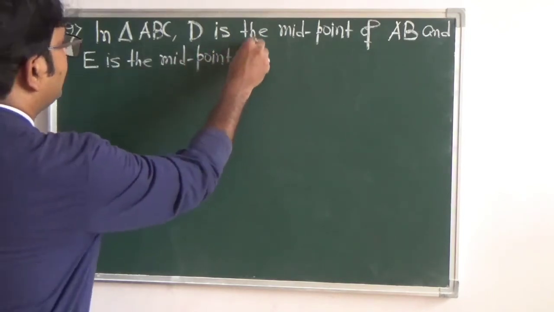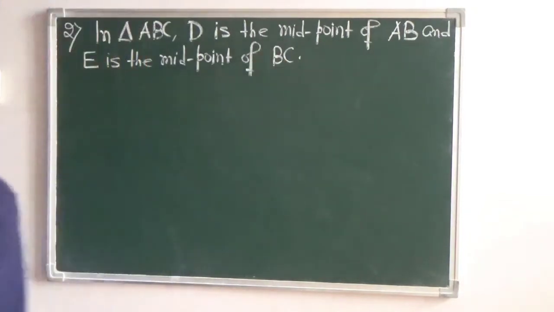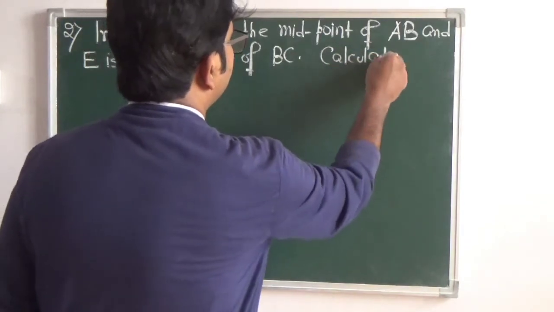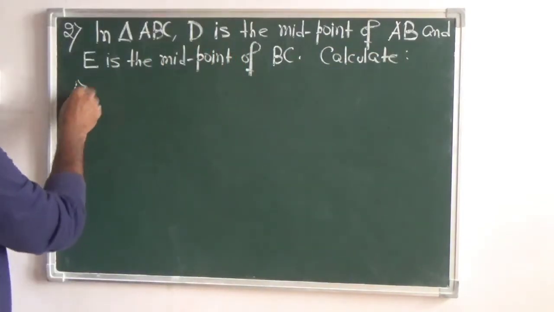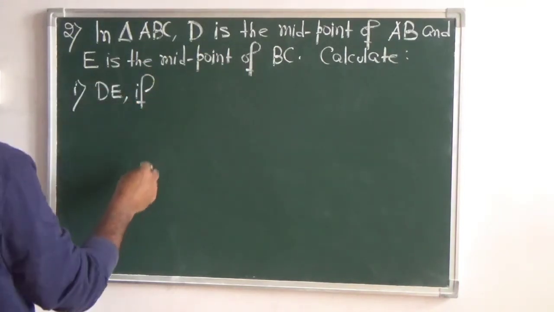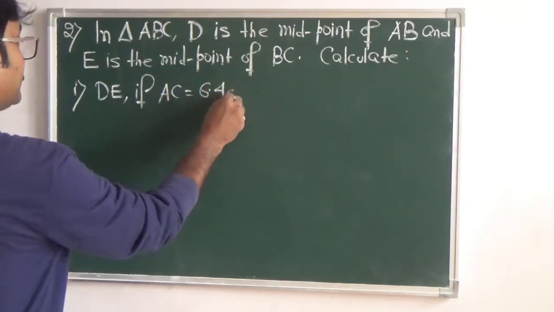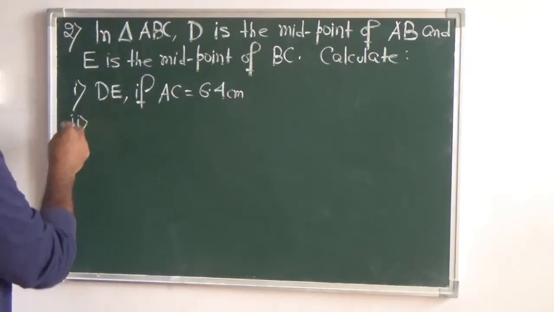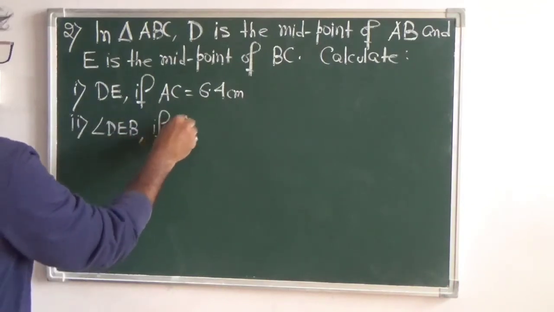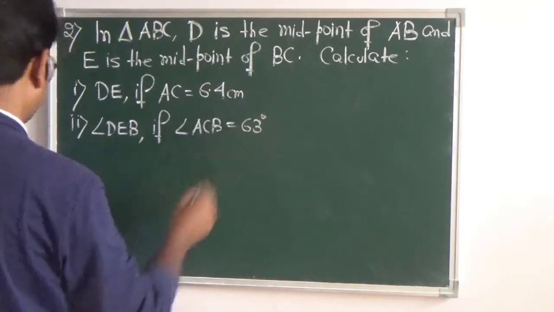Calculate number 1, DE if AC equals 6.4 centimeters, and number 2, angle DEB if angle ACB equals 63 degrees.